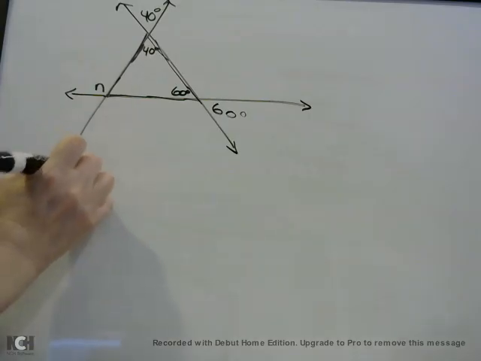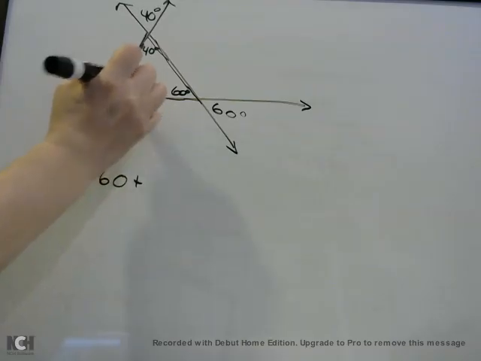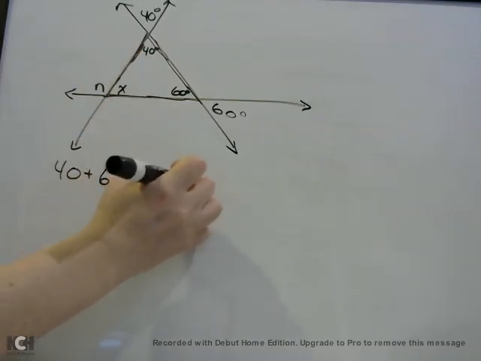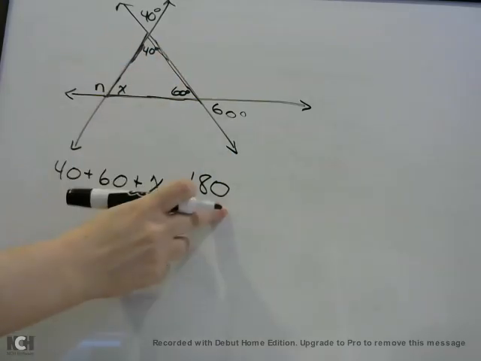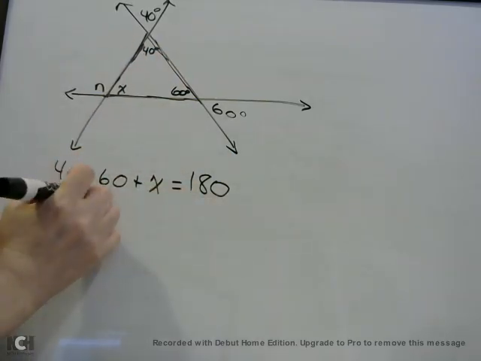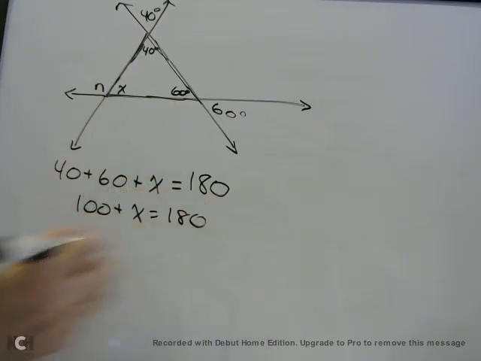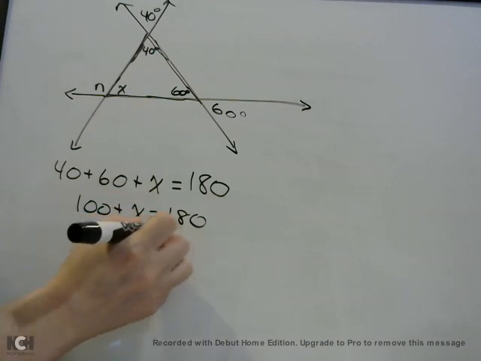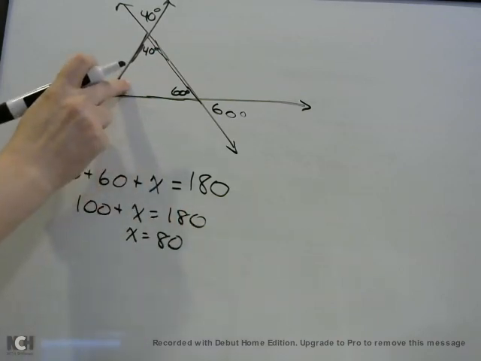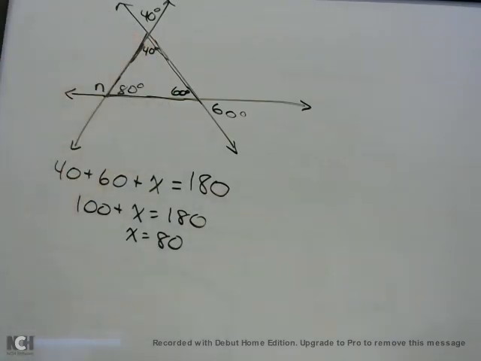So we have 40 plus 60 plus, we're going to just denote this as x, equals 180. 40 plus 60 is 100. We're going to subtract 100 to get x by itself, so x equals 80. So now we know that this angle is 80 degrees.